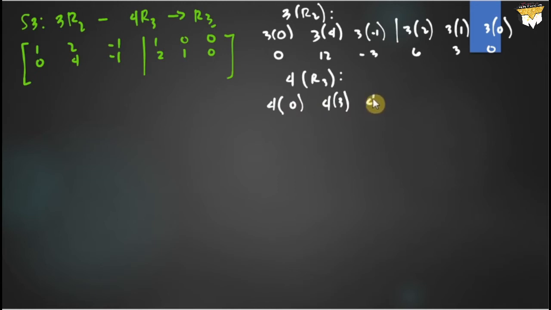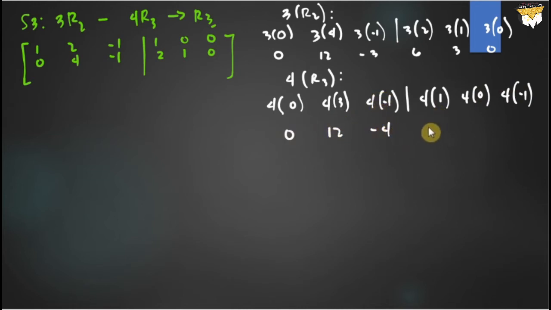Then 4 times negative 1. Then 4 times 1. Then 4 times 0. Then 4 times negative 1. Okay? So, the answer, we have 0, we have 12, we have negative 4, then we have 4, 0, negative 4. Okay, so subtract na natin sila.